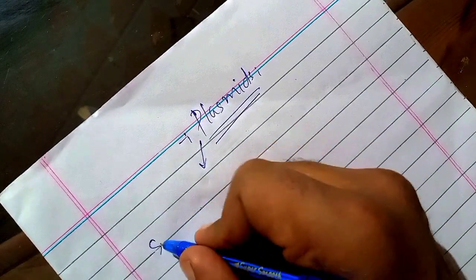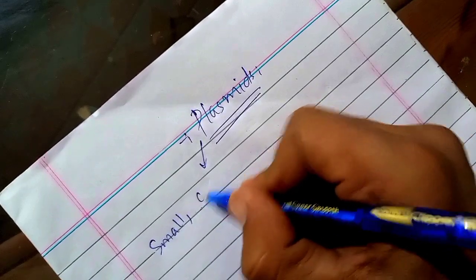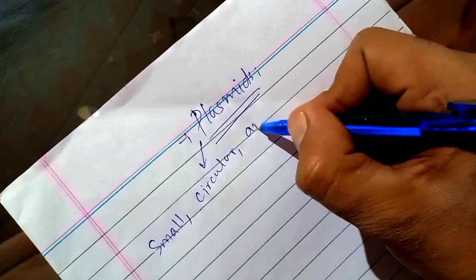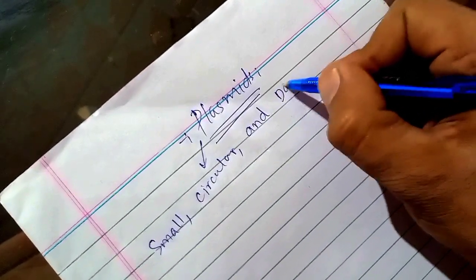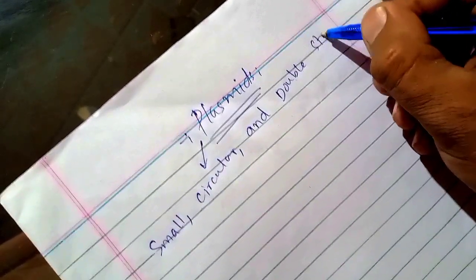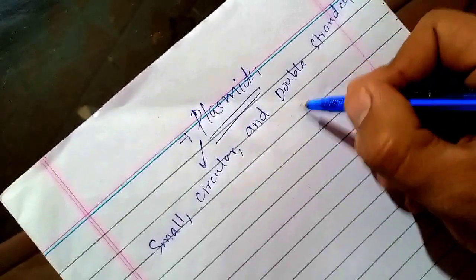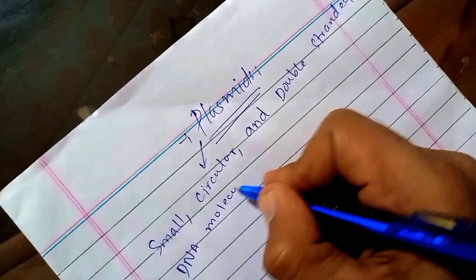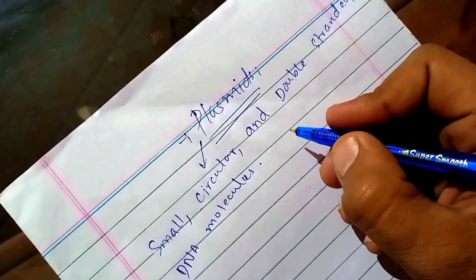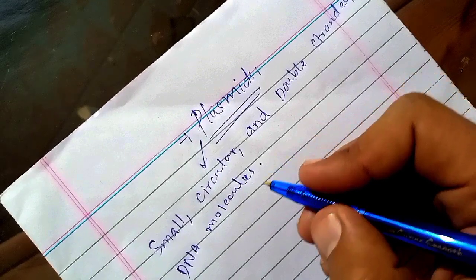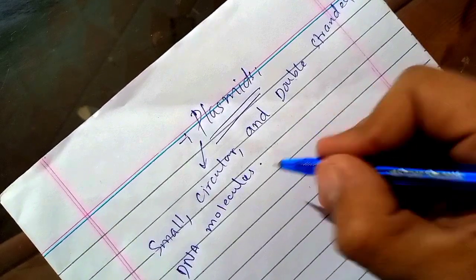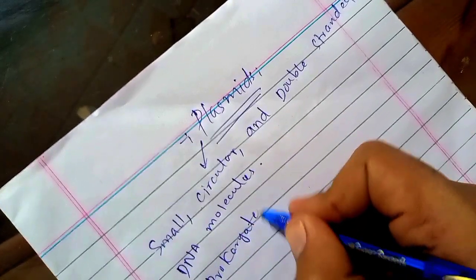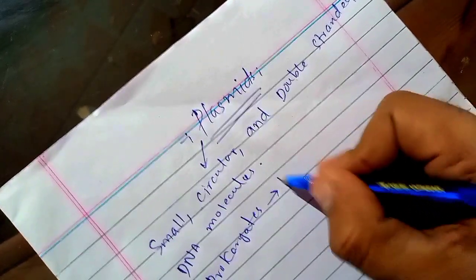Plasmids are small, circular, mostly double-stranded DNA molecules. But they are extra-chromosomal DNA molecules, not a part of the chromosomal DNA, present mostly in prokaryotes such as bacteria.